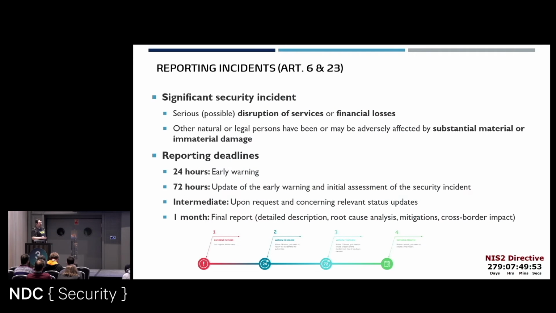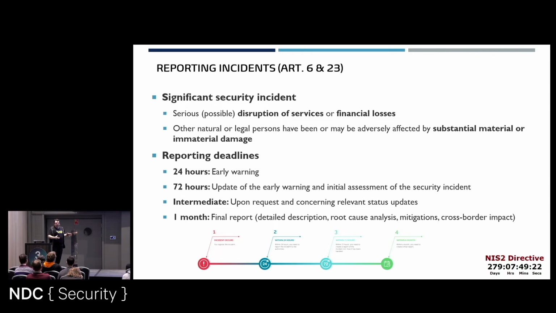When it comes to reporting incidents, and again, you can find that in Articles 6 and 23. For one, there's a definition in the directive as to what constitutes a significant security incident, which is a serious or a possibly serious disruption of services or financial losses that affects usually a lot of people, right? So it's kind of similar to GDPR and PII being compromised in some way.